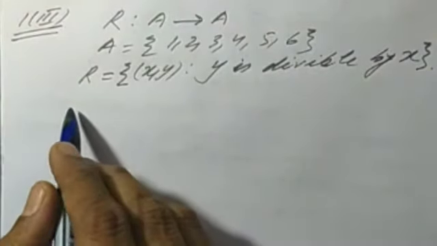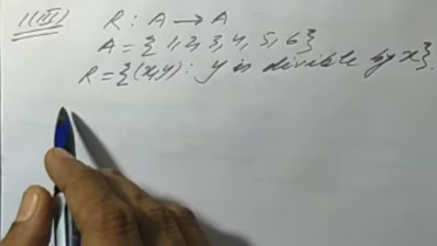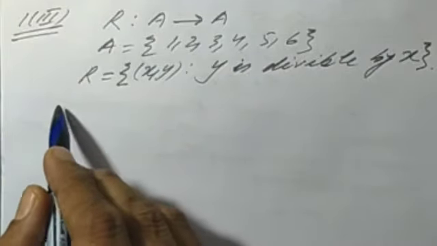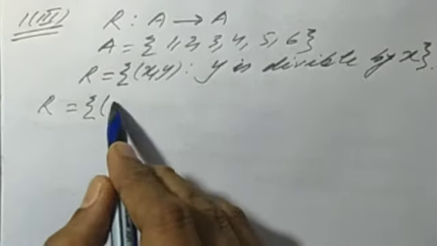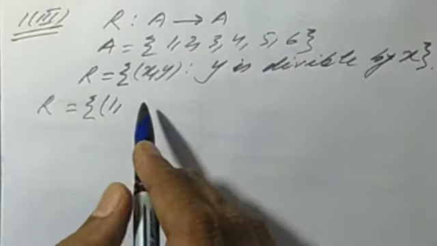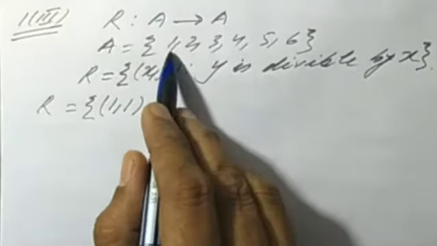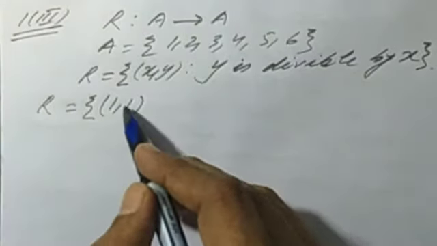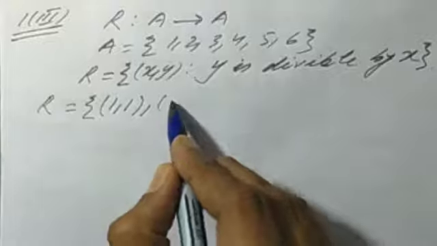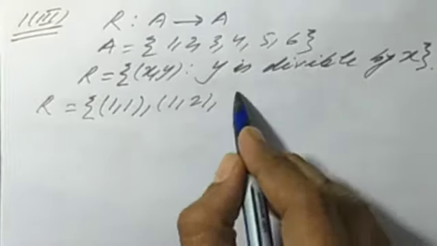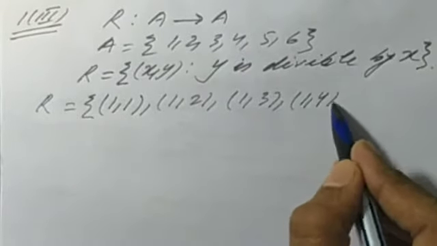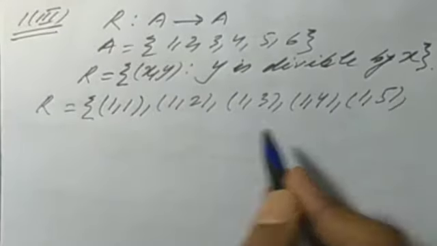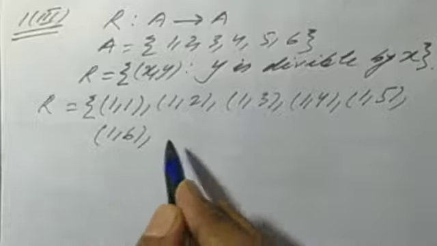As we know, 1 can divide each and every number, so in the roster form with 1 as first component, every element of A is contained: 1 divides 1, 2, 3, similarly 4, 5, 6.